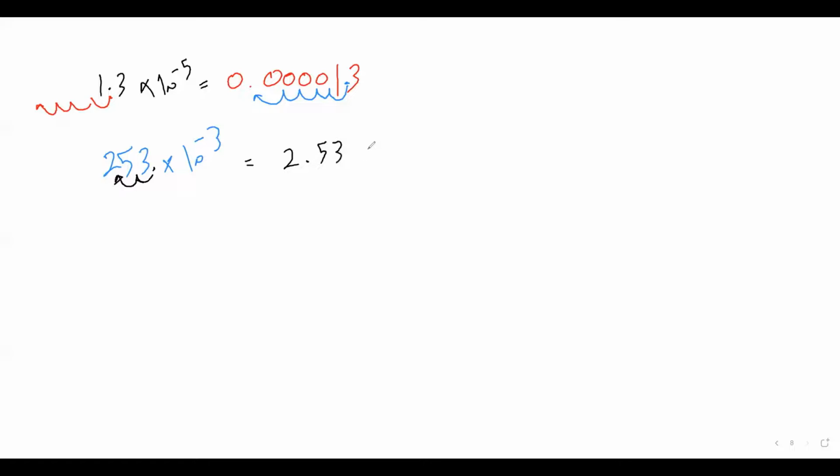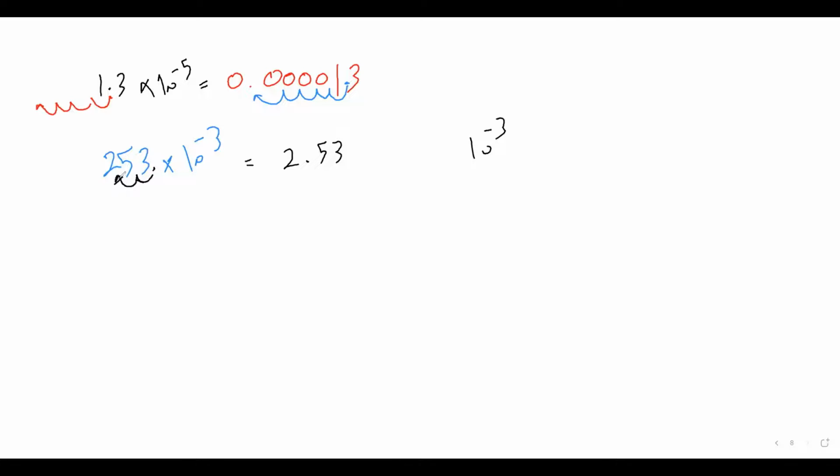I suggest you pause the video and try to figure out what's the index of 10, right? If it confuses you to do everything in one shot, then leave this 10 to the power of -3 here and put your focus only on 253, so later on you will master it.